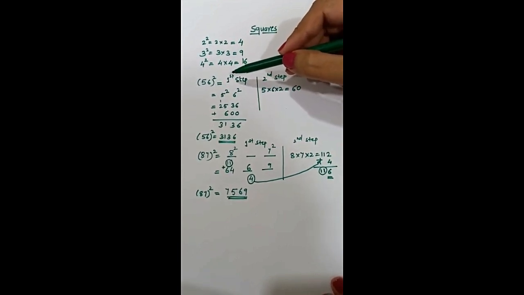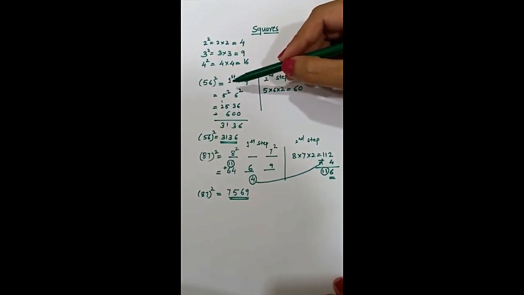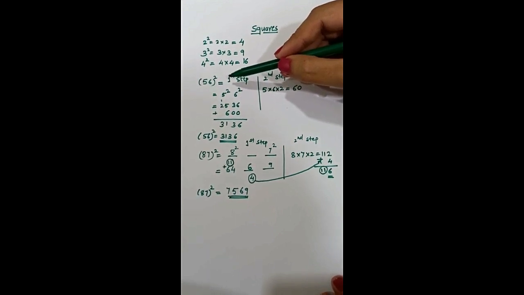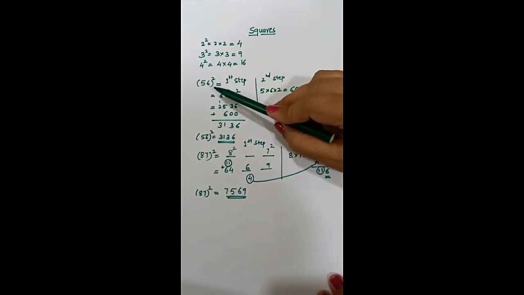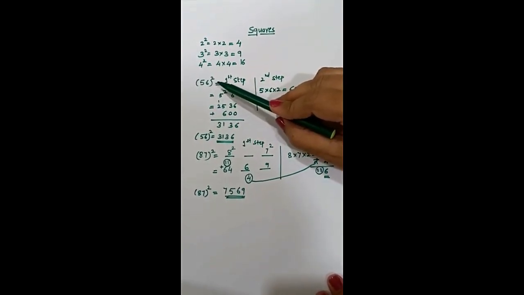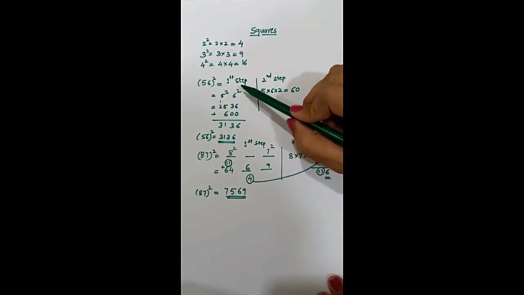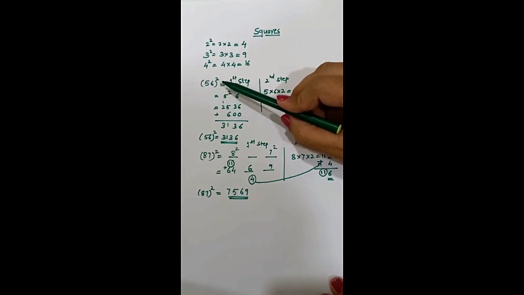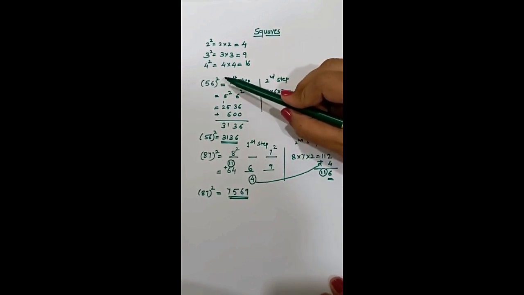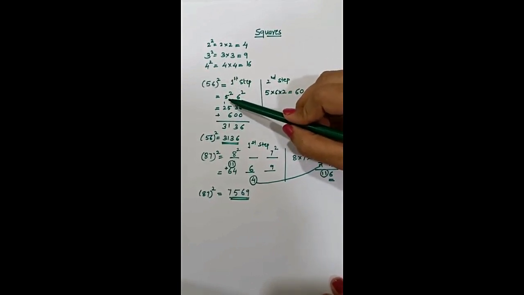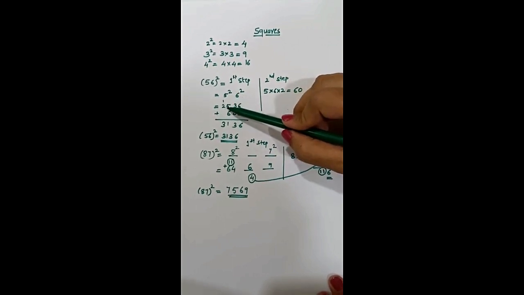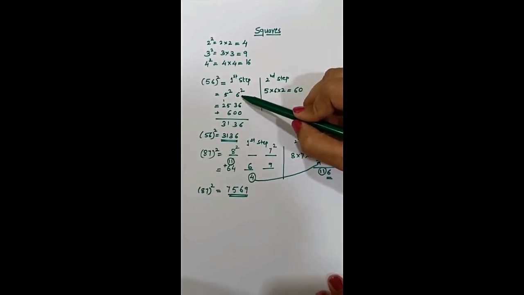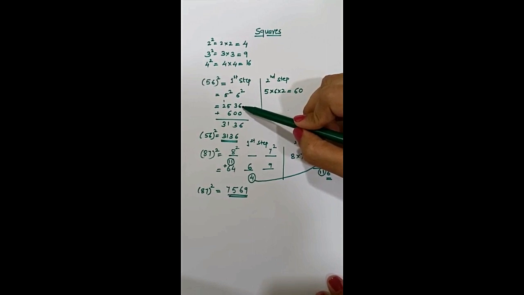Today we will see two methods by which we can determine the squares of numbers. For example, for 56 square, we follow two steps. In the first step, we take the square of the first digit and the second digit. 5 square gives 25, and 6 square gives 36.